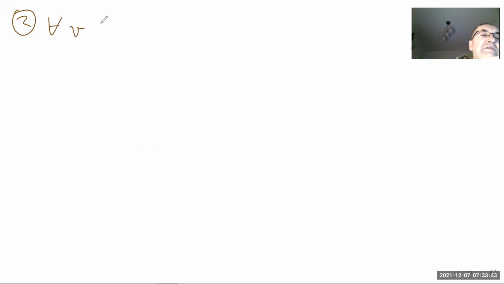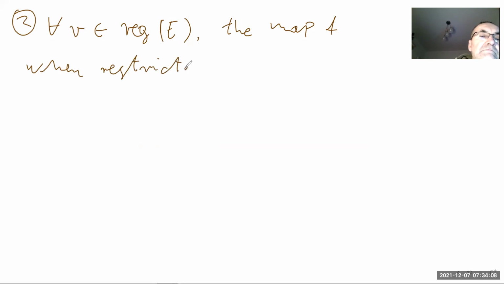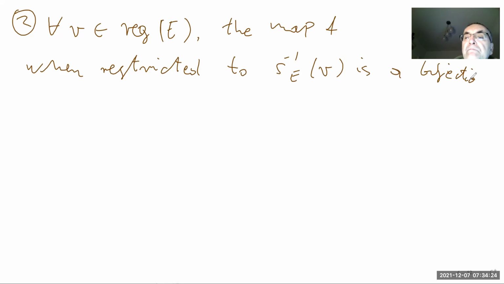So again, for any regular vertex V, the map F, when restricted to the set of edges emitted at V, is a bijection onto FPV.